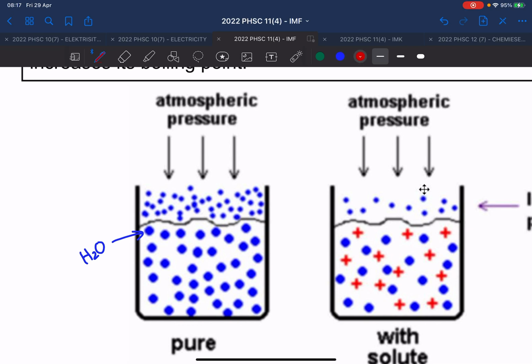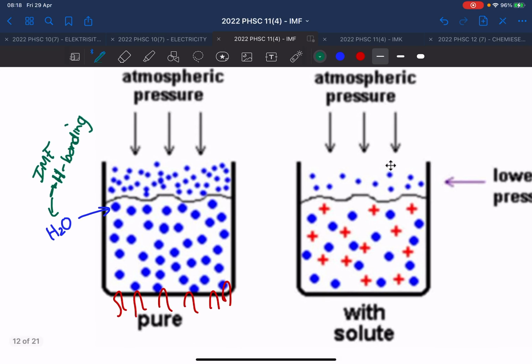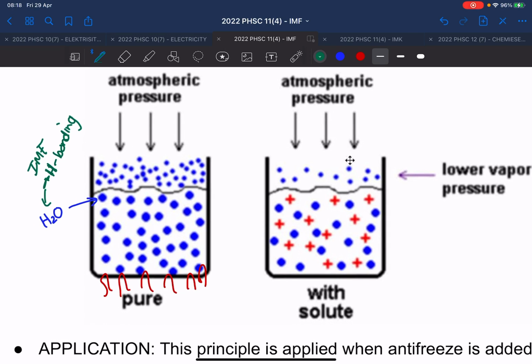If we heat that up, then the water particles start to move faster, and they will start to evaporate here. So what type of intermolecular forces do we find between water molecules? Then on the right-hand side is a picture of, let's say, you have water and salt. Salt is sodium chloride.